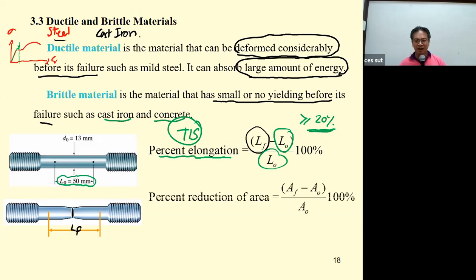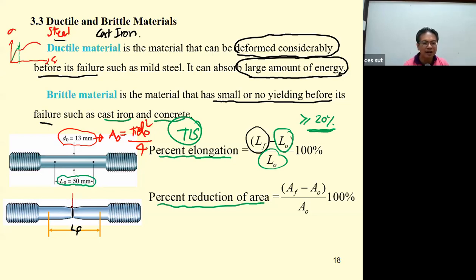There is another factor used to measure the ductility, and we call it the percent reduction of area. Before the test, we have to measure the diameter, and from the diameter we compute the original area A sub O. Okay, and when the specimen fails, you also measure D sub F, the diameter at the fracture, and then you can compute A sub F equal to pi D sub F squared over 4.